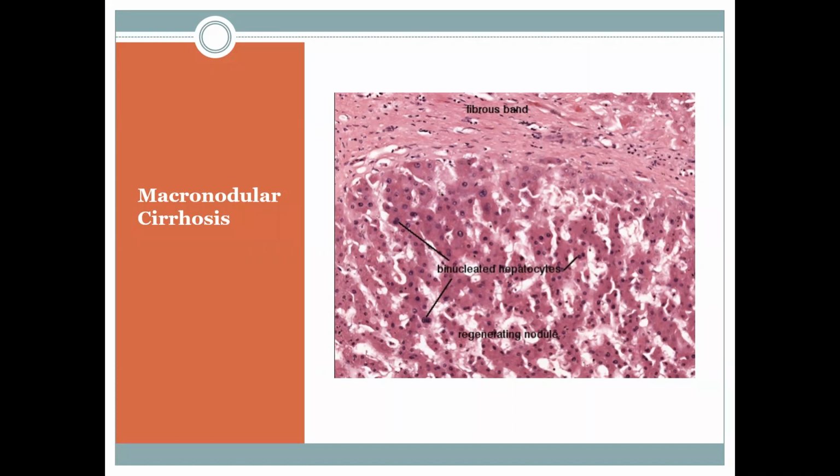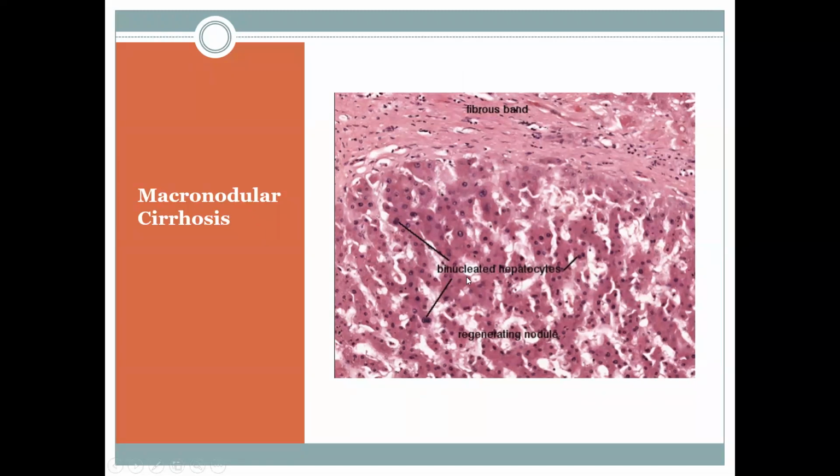The hepatocytes could get all their nutrients, all their oxygen from the sinusoids without having any hindrance, without having any obstruction to this. Whereas what you see here in the regenerative nodule is that instead of a single-file hepatic cord, you start to see many layers of these hepatic cords that is going to make sure that the cells in the middle will no longer have access to the blood, and as a result of that, they will start to die, and then they will regenerate, and it's going to be an ongoing process.